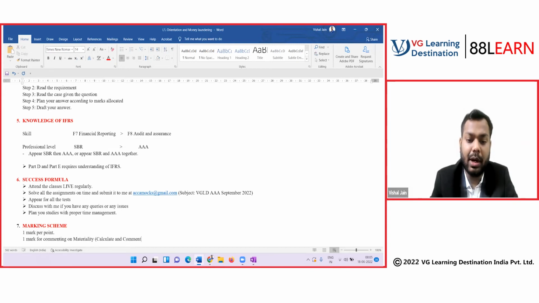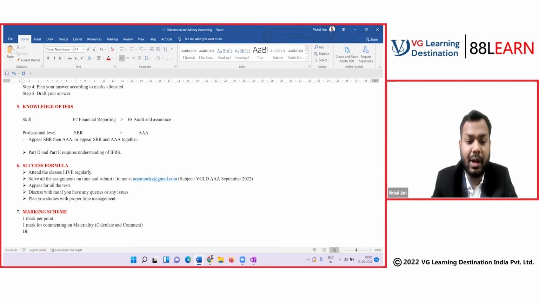Now, different syllabus areas have different marking schemes, which will be discussed along with that syllabus area. I hope you understood this point.